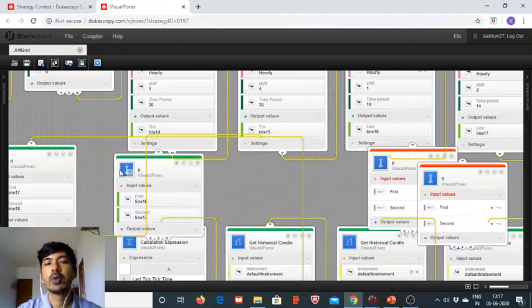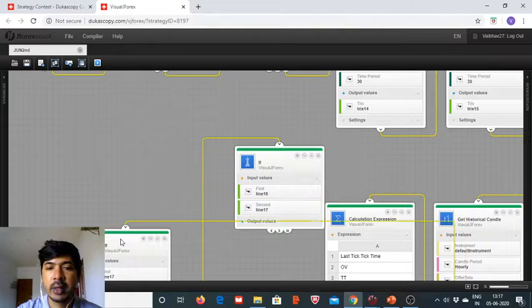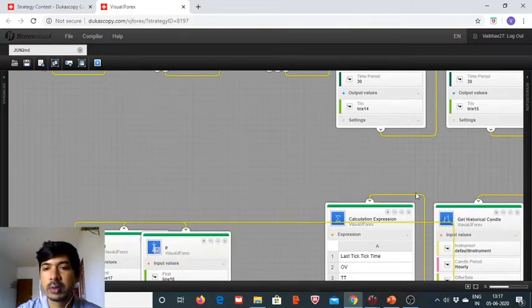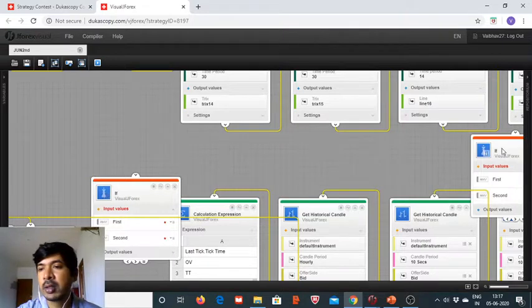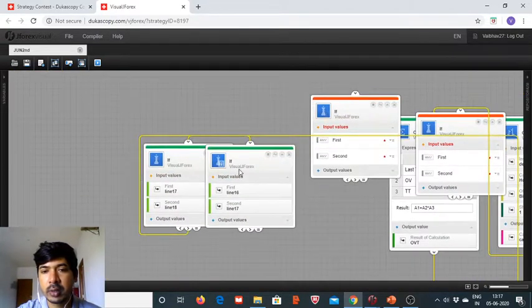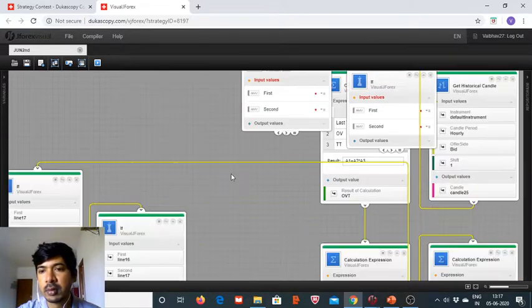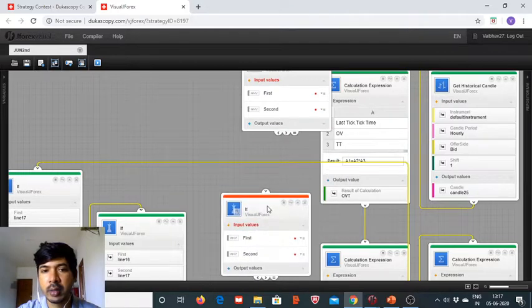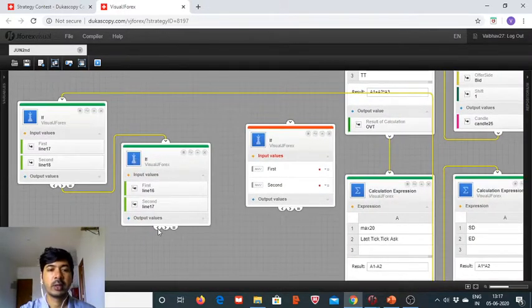Now is the time to go to the historical candle data, and there we will try to figure out the precise entry and the exit point. So here it comes. As I said, line 16 should be less than the second input.